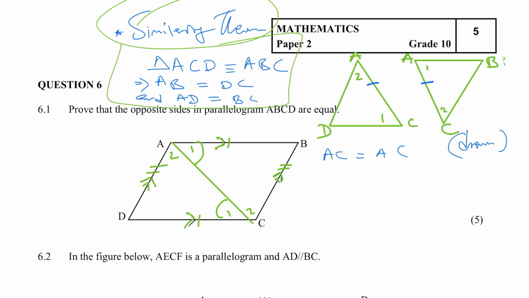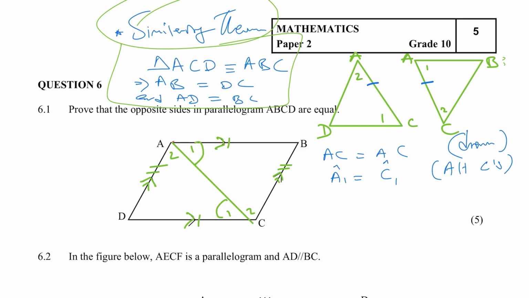So angle A1 and angle C1 are equal, and the reason is they are alternate angles. If you look at it closely, these lines are parallel and these angles are equal. Make sense?